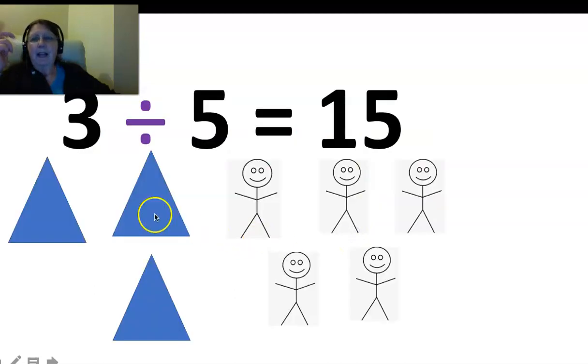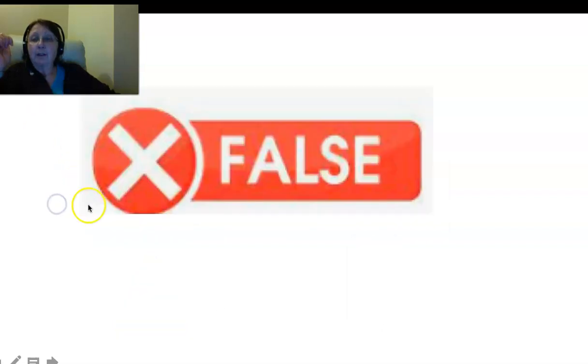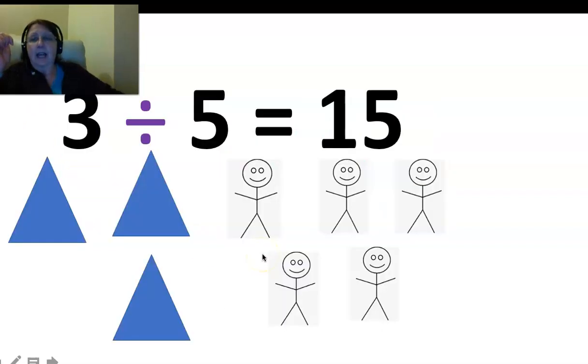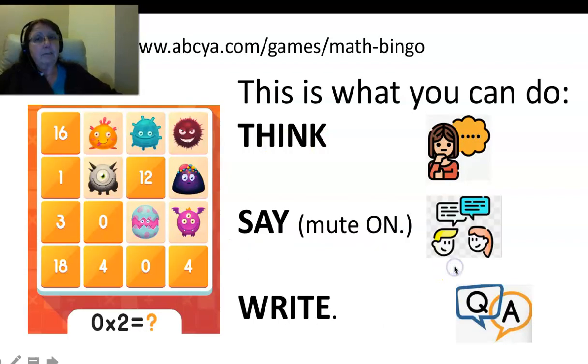False. And you visualize it. Start with 3. Here's my 3 things. Oops, a daisy. And I want to share it equally. Only 3 people will get 1 thing. It is not possible, unless I cut this up into very small pieces and get a fraction, and it's a false statement.